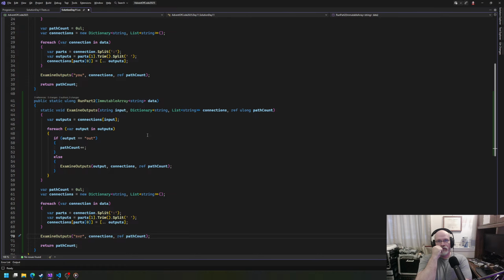That way, by the time we get to out, we know whether those 2 flags have been set for the path that we're looking at. And if they are, then we update the count.